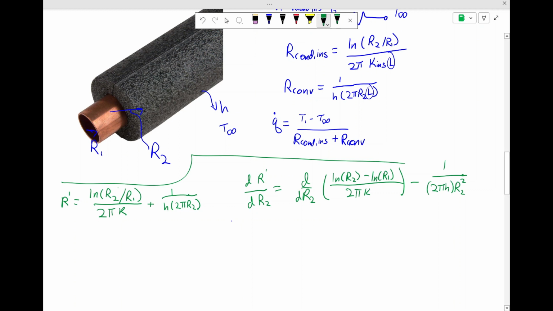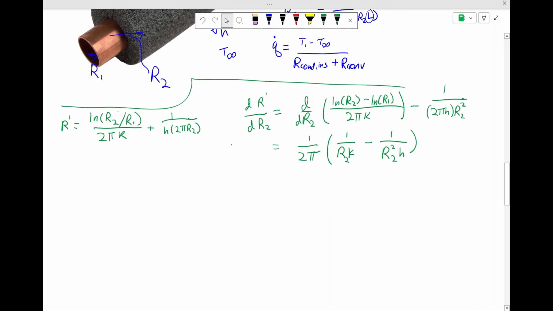If I factor out 1 over 2 pi from both terms, we get 1 over R2 times K, minus 1 over R2 squared times H.